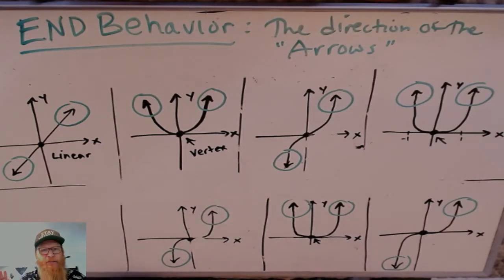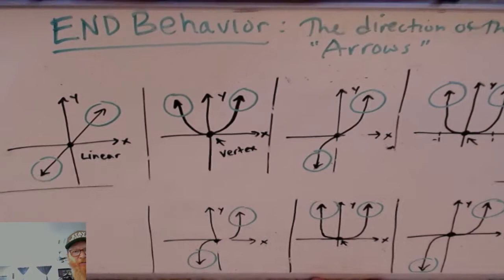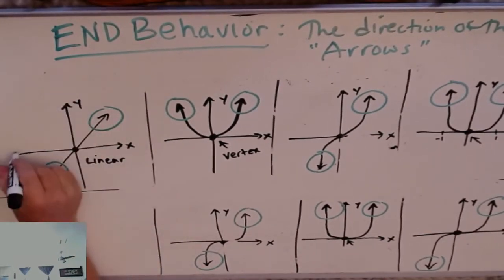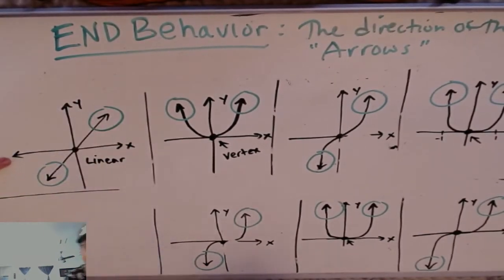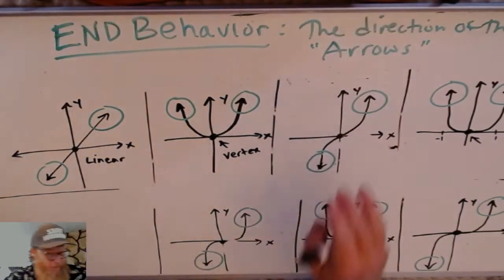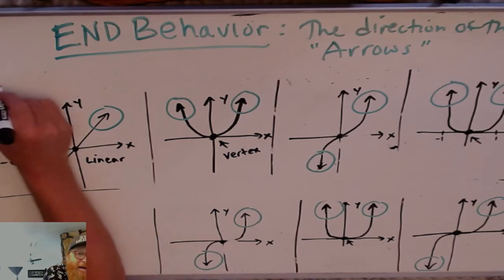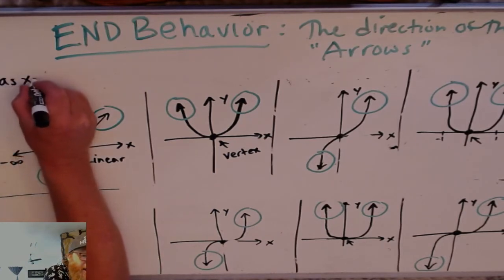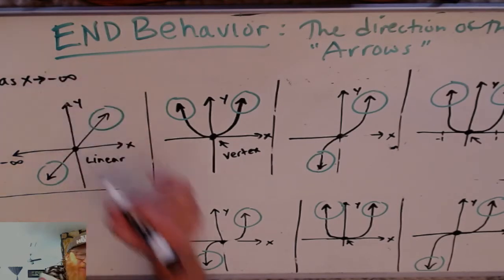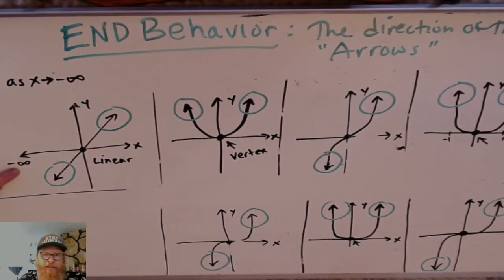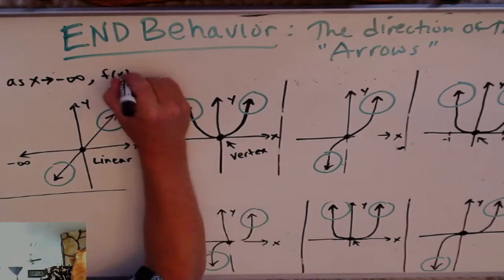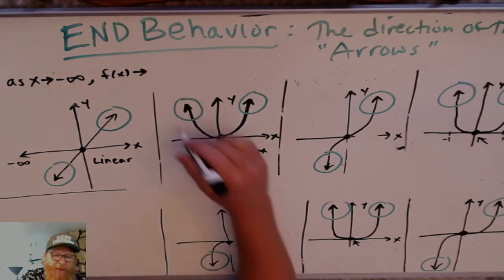Okay? So let's just take the linear function here, for example. We always start with the left-hand arrow. Always start with the left-hand arrow. And you're going to say, as x approaches negative infinity, that's the left hand, comma, the function f of x, well, what's happening to this function here?